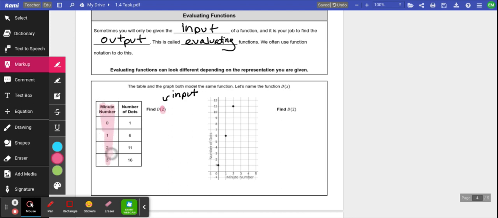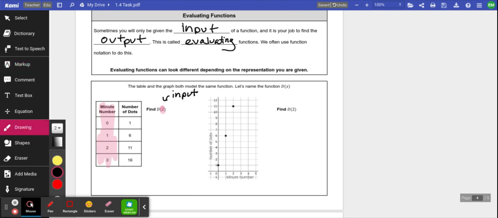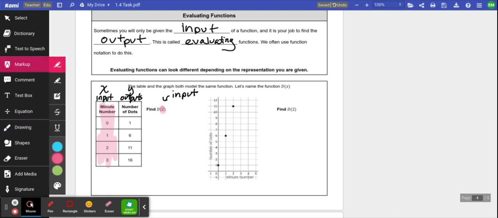The minute number are the inputs. So above that, I'm going to write input, and those are also our x values. On the right-hand column, those are our outputs, which are our y values, and those are going to be these numbers right here. So that's how we can tell which one's which.